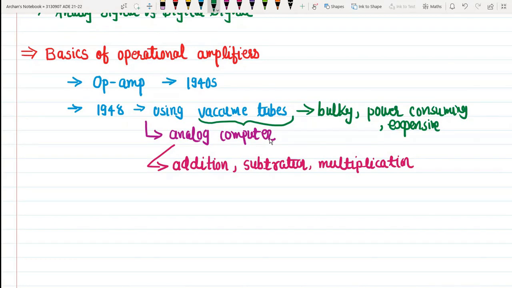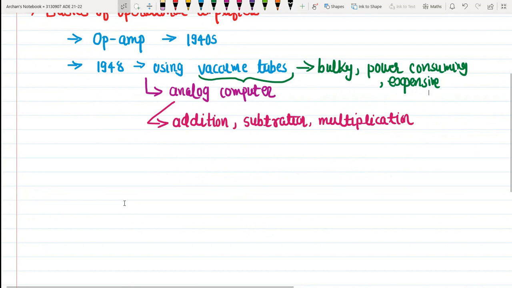So these are some of the disadvantages of operational amplifiers made using vacuum tubes. Another alternative was under process.